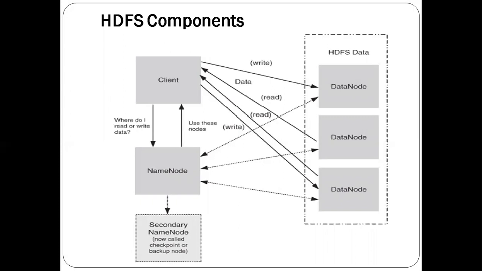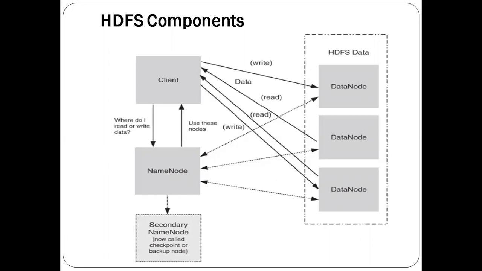Name node contains all the metadata information related to the files stored in the data node. When a client requests for writing a file, the name node first checks the file size and the number of blocks to be generated from that file and the number of data nodes required to store that file.